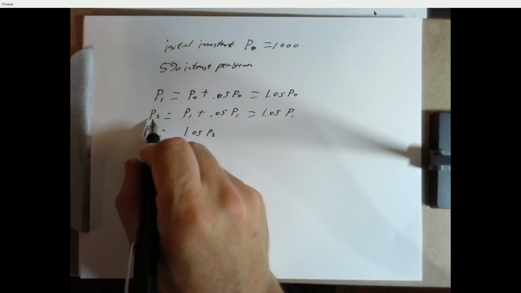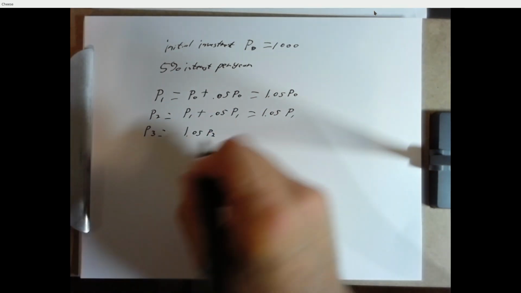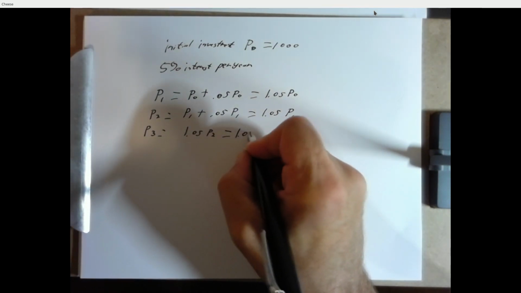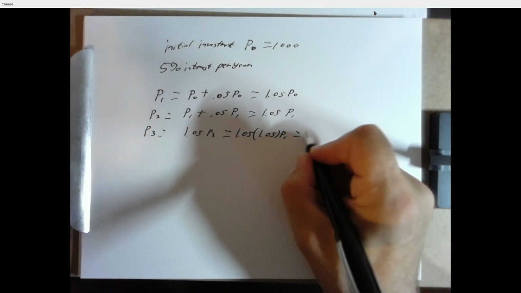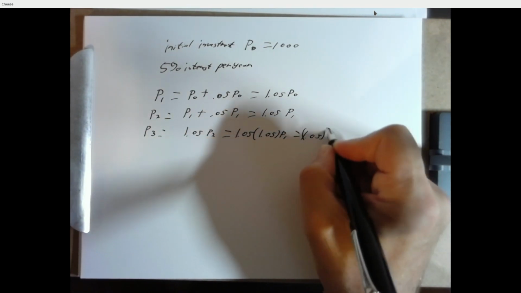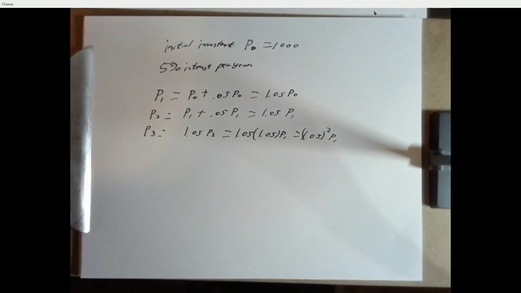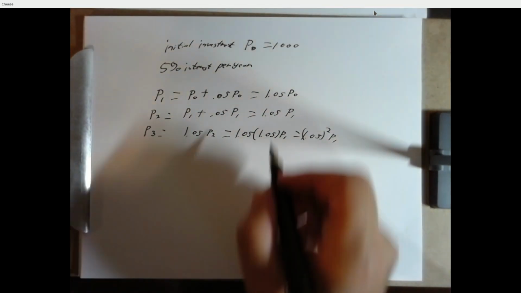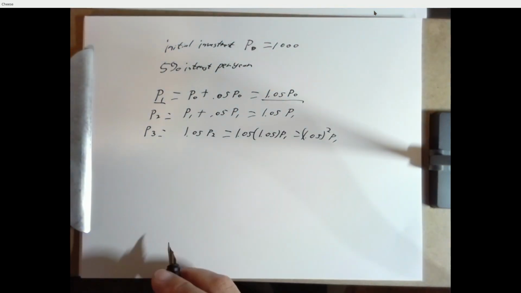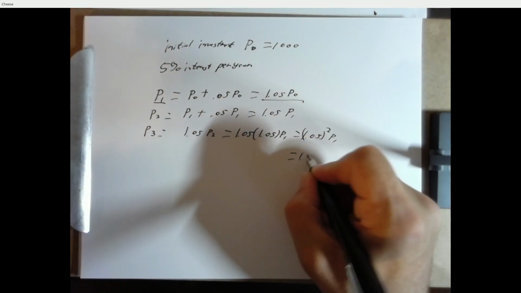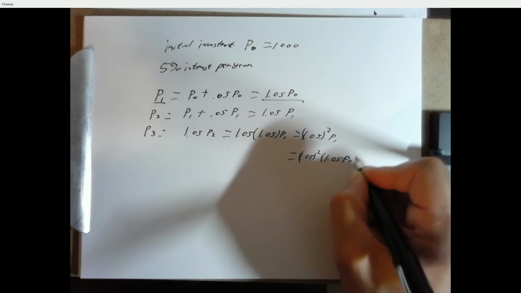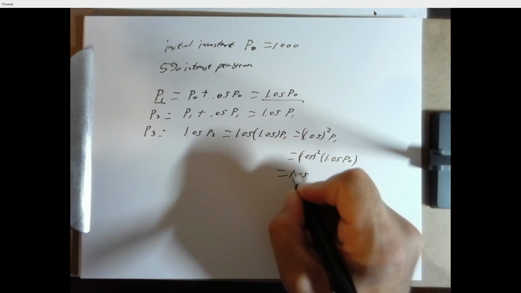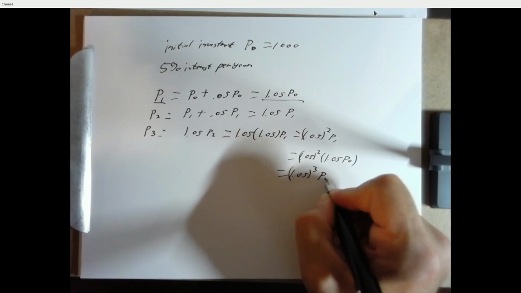Well, since we know P2 is 1.05 P1, we could actually write this as 1.05 times 1.05 P1, which is 1.05 squared times P1. But since P1 is also 1.05 P0, this is actually 1.05 squared times 1.05 P0, which is 1.05 cubed times P0.